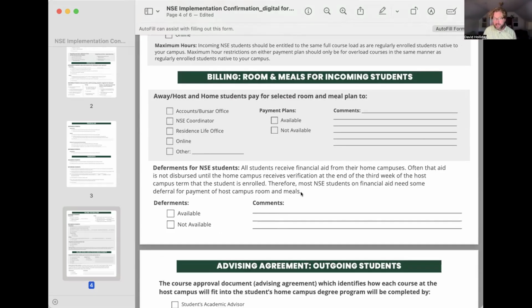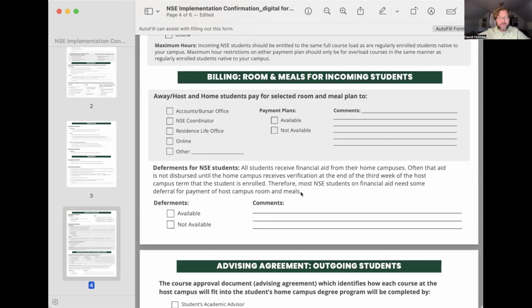My campus, like many of yours, probably is at capacity with regard to housing. There is a wait list, but my housing office does me a real favor and reserves some rooms for me until a certain date. So for fall semester, those 15 spaces are reserved until June 1st. As long as my incoming NSE students apply on time, they are guaranteed housing.